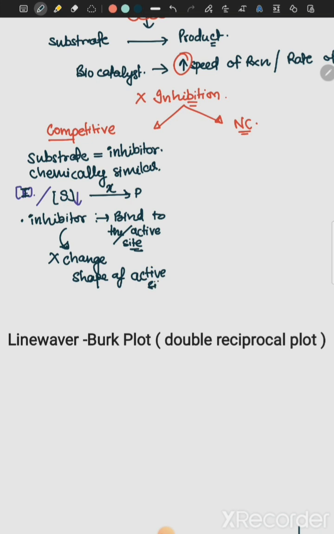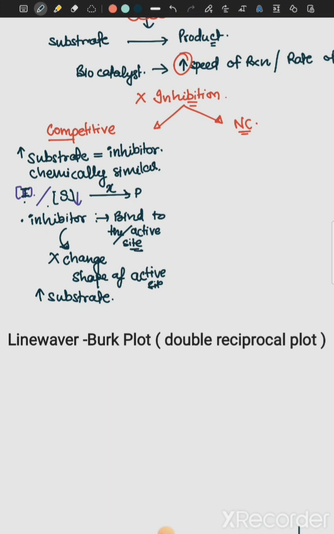Now increase in the substrate concentration reduces the inhibition. Why? Because they are chemically similar, and if you increase the substrate concentration, more substrate will be available to interact and perform the reaction, so you can reduce the inhibition.